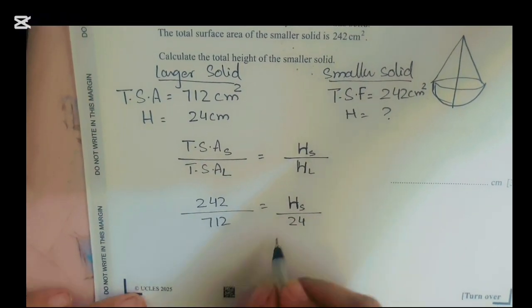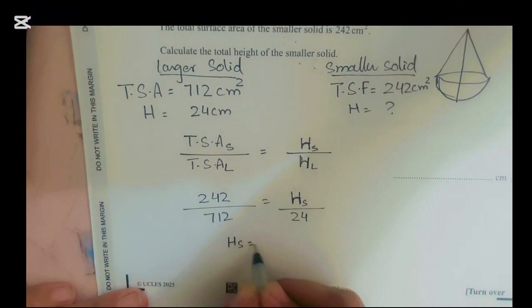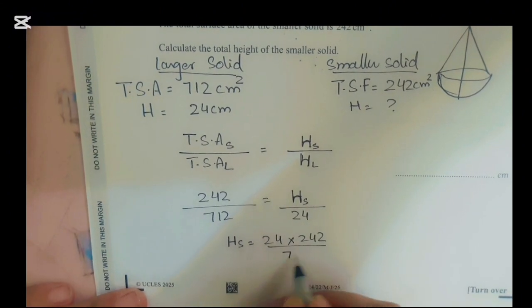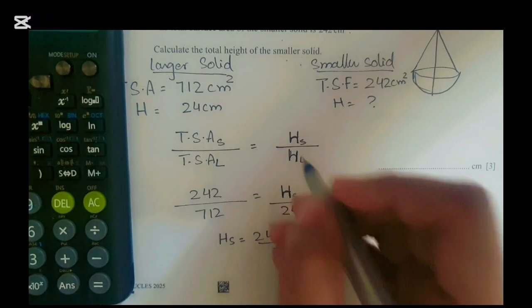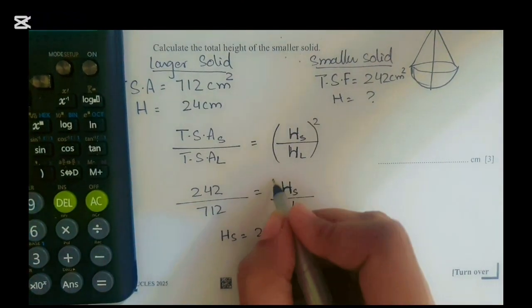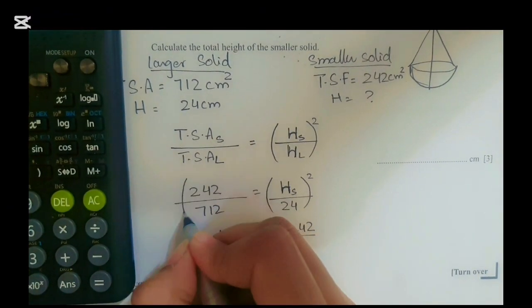Now we have to just cross multiply and find out. So Hs is equal to 24 times 242 upon 712. Okay, something is missing in the formula. This must be in square, so the ratio of areas equals the square of the ratio of heights.